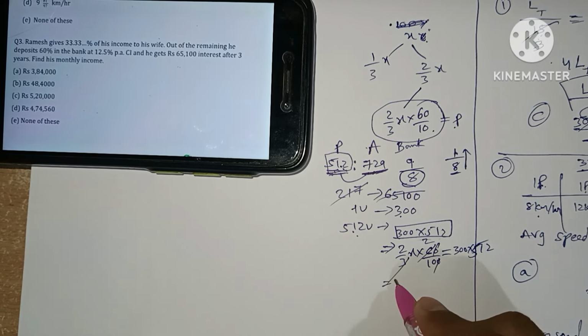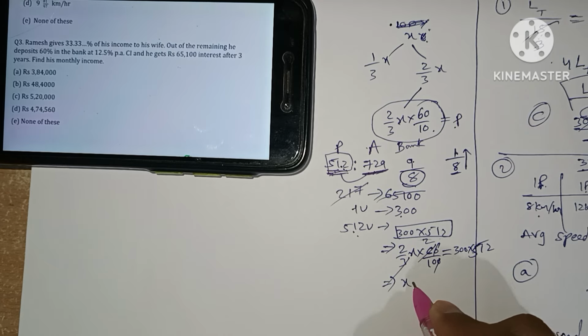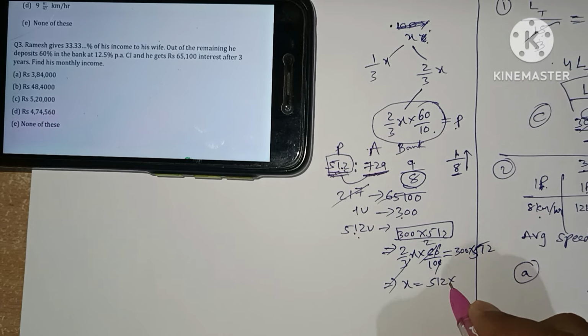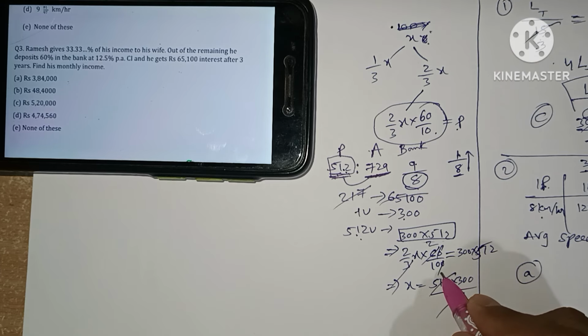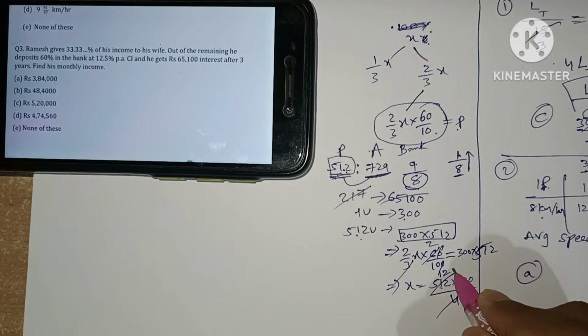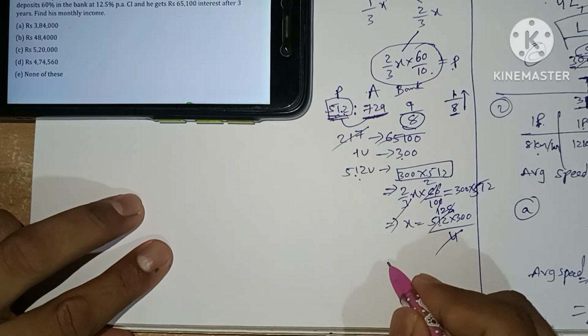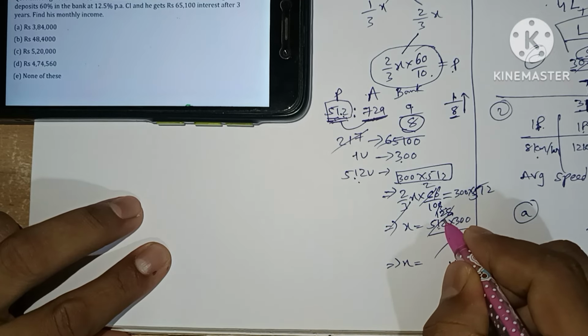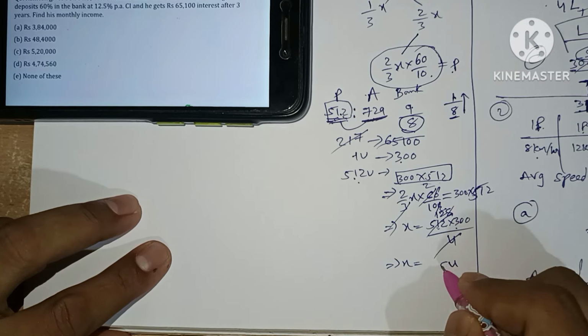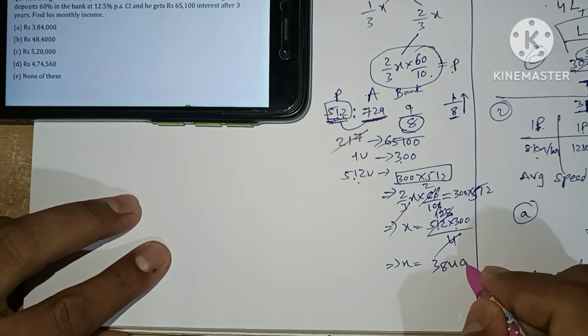Next, what we have is x equals to 512 into 300 divided by 4. 4 1 times 4, 2 times 8, and 8 times. So total x value is equals to 3 8 times 24, 3 4 times 3 2 times 6 plus 2 8, 3 1 times 3, and 00.